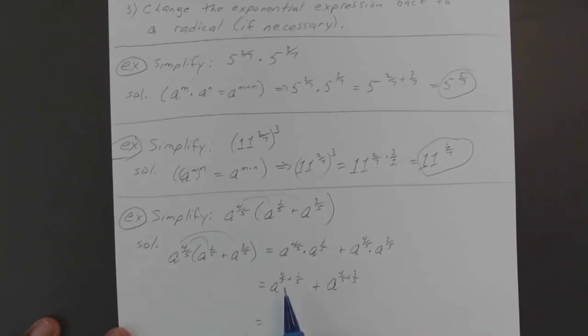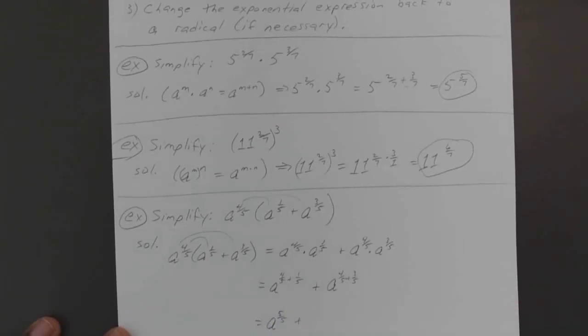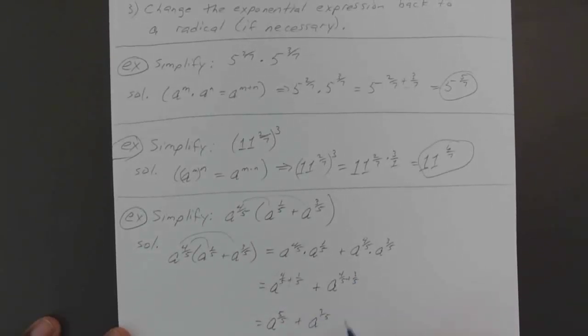Okay, so it ends up equaling a to the 5/5 plus a to the 7/5. Okay, which is equal to a to the first power, or just a, plus a to the 7/5.